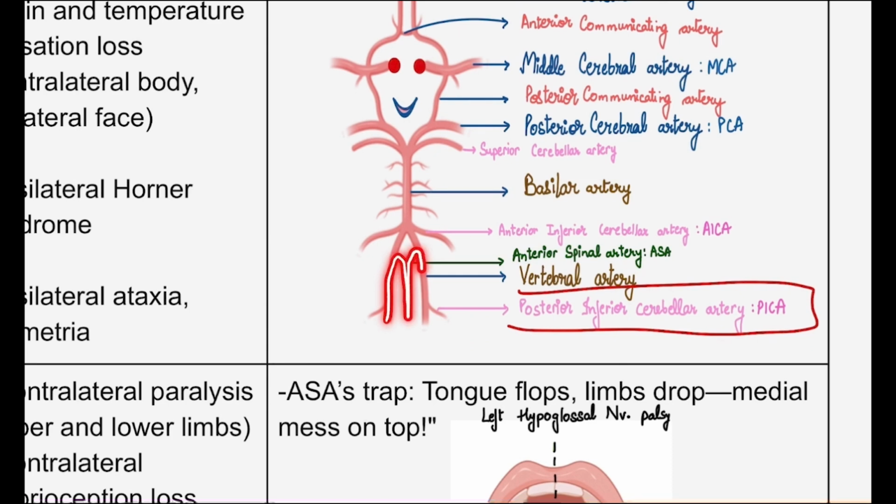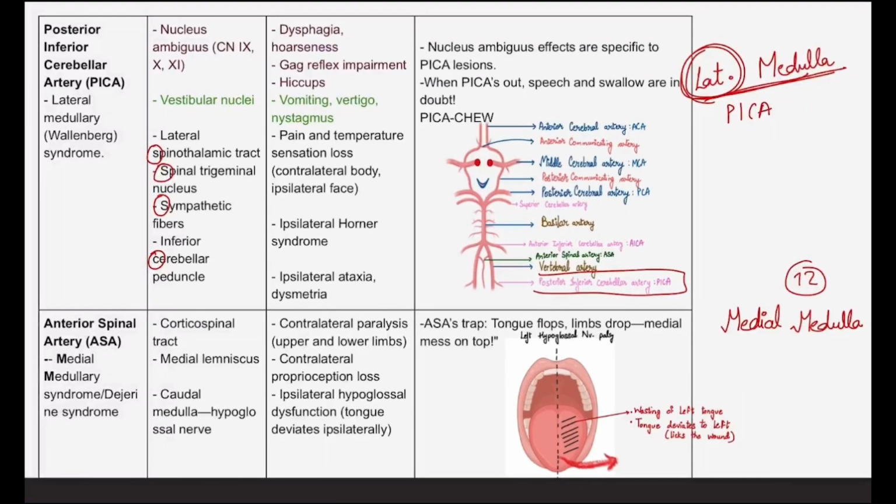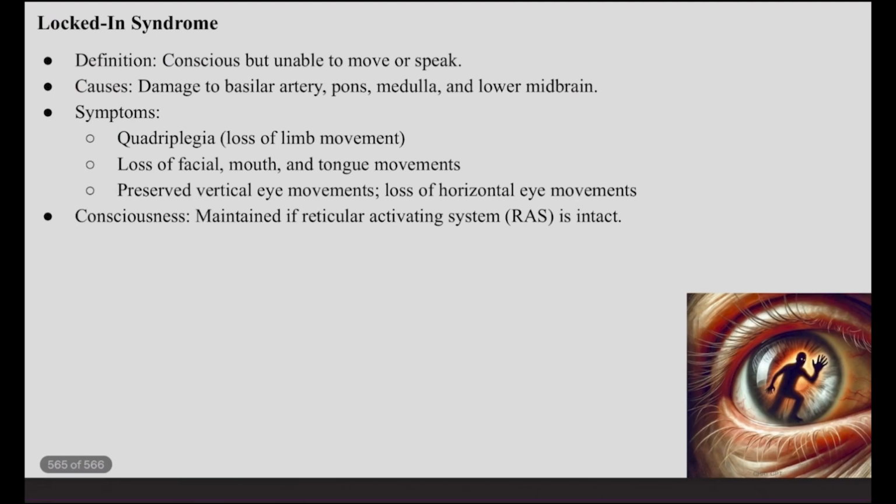You can see how it is taking the shape of an M. So anterior spinal artery is the one that is knocked out in medial medullary syndrome.